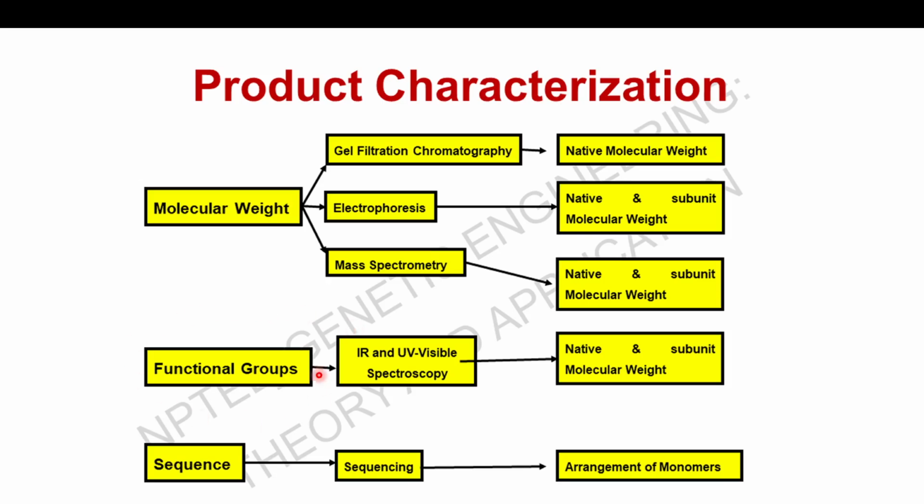Functional groups, we can get an idea using infrared and UV-visible spectroscopy. These will be, I think, in next week's lecture, and they also give an idea about the native and subunit molecular weight. And then you can definitely sequence your sample. You get the peptide sequence, or if it's a plasmid, suppose you have cloned your gene of interest into a particular vector, you need to know whether the ligation has taken place.